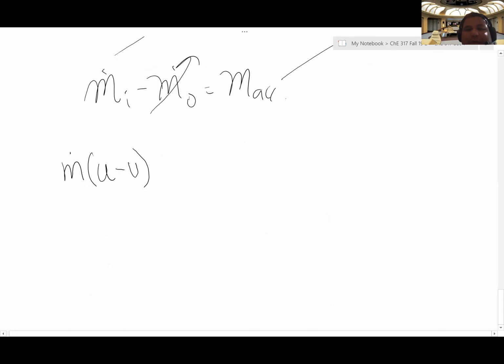And so what we would really have is the mass flow rate of the jet times the difference between the jet's velocity and the trolley's velocity, which I could write as rho u A (u minus v).